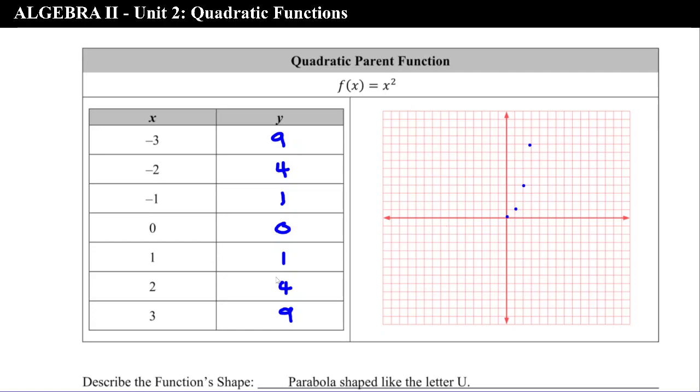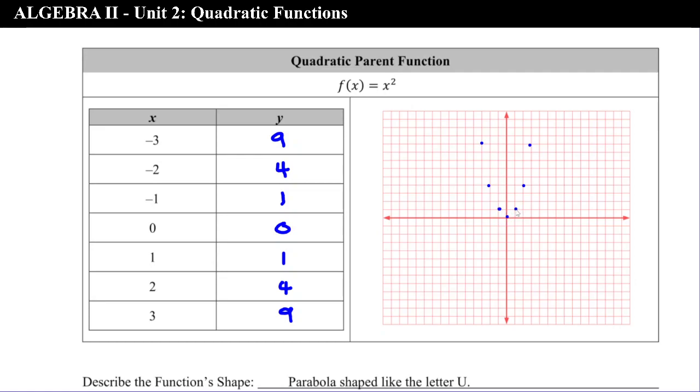Now if we graph on the other side, you'll notice that we have -1, 1, -2, 4, and then -3, 9. And you'll notice that everything reflects along that axis of symmetry. In the parent function, this axis of symmetry happens to be the y-axis.